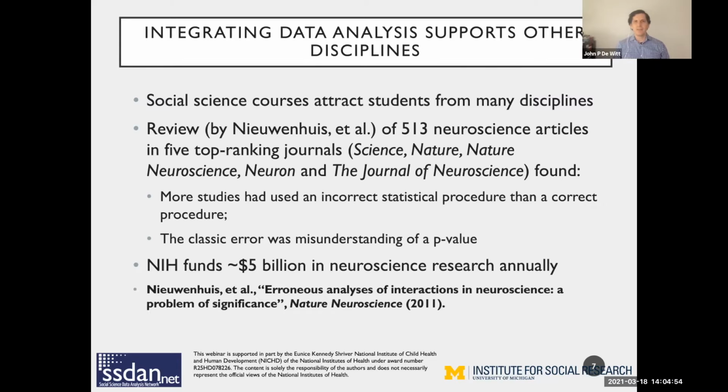And it was actually found that the t-test was misused more frequently than it was used, which, for those of you who know about a t-test, is one of the simplest statistical tests out there. And to understand that NIH typically funds over $5 billion of research each year, and a lot of the research that's being produced from neuroscience ends up not using those tests and ends up not interpreting their data correctly. It's just kind of an alarming thing.